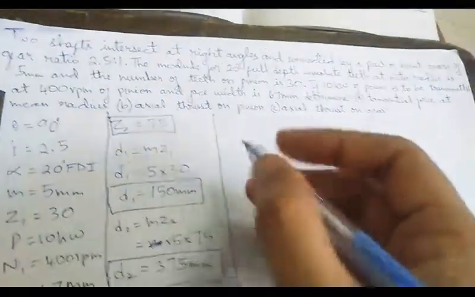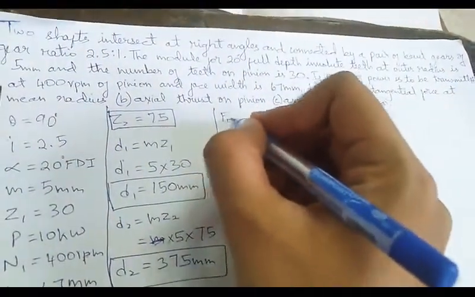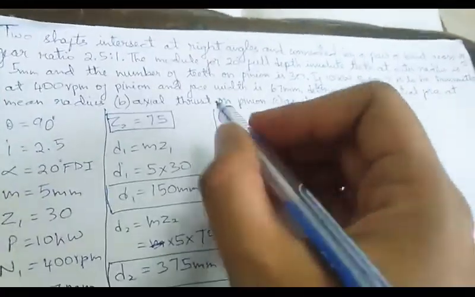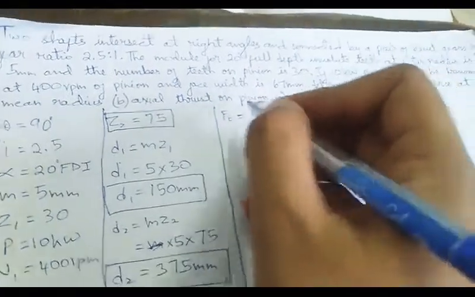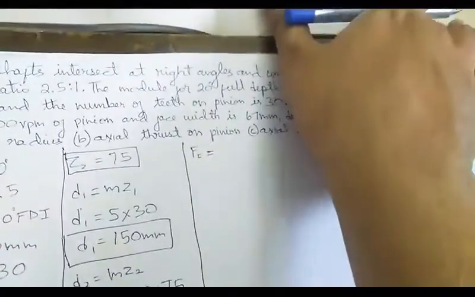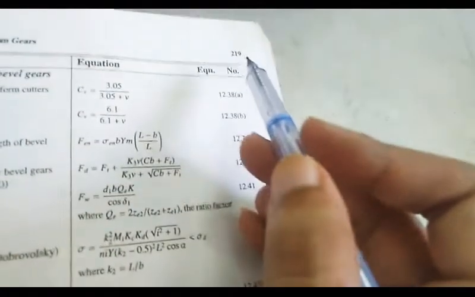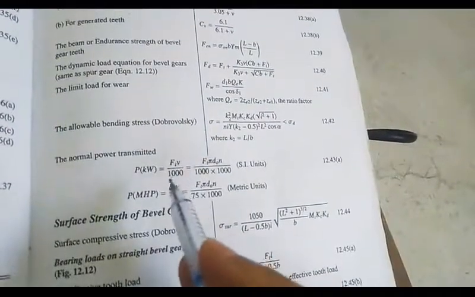Now first we shall find the value of Ft. Before proceeding with Ft, we shall find the value of velocity. On page number 219, you can see the equation power is equal to Ft v by 1000.